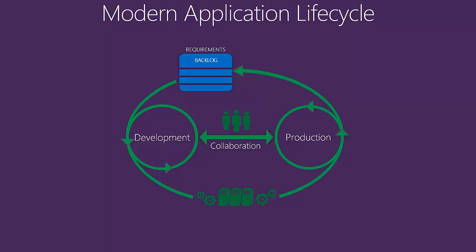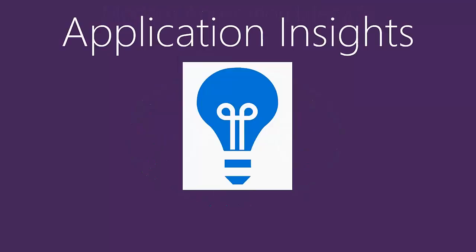And what needs to happen is a good set of collaboration between production and development in this modern application lifecycle. The way to enable this really, really well is done in Azure very efficiently by something called Application Insights. It has this nice light bulb logo. And Application Insights is honestly as easy as 1, 2, 3.